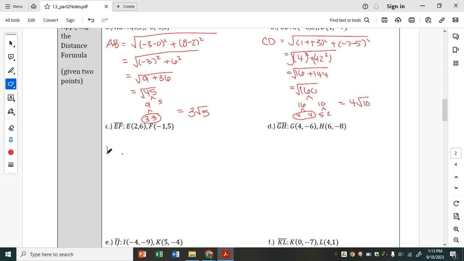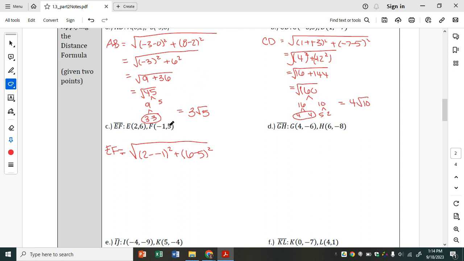Okay, on C, if I'm trying to find the distance of EF, or the length of EF, I'm going to take my square root. I'm starting with my x's. So 2 minus negative 1 squared plus 6 minus 5 squared. Okay, you'll see on this one I started with the 2 and the 6 instead of the negative 1 and the 5, which before I was starting with the second point.